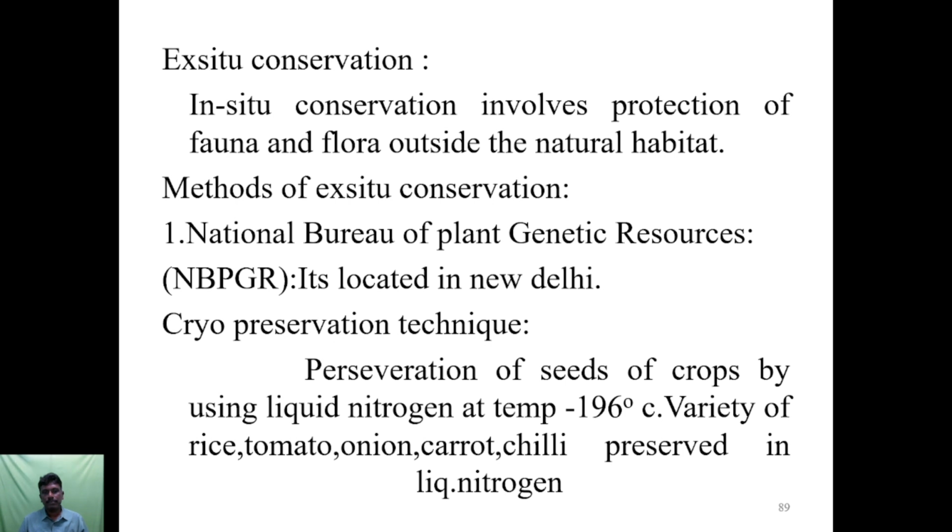Methods of ex situ conservation: the National Bureau of Plant Genetic Resources, located in New Delhi. Cryopreservation technique: preservation of seeds of crops using liquid nitrogen at a temperature of minus 196 degrees centigrade. Varieties of rice, tomato, onion, carrot, chili are preserved in liquid nitrogen.